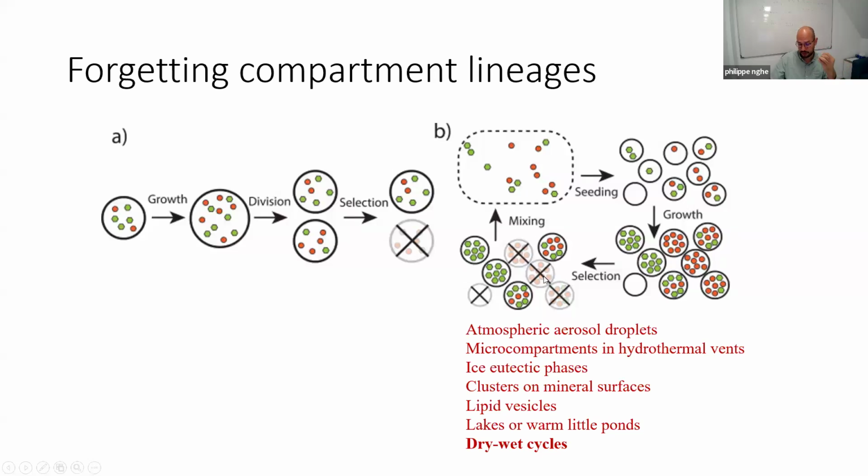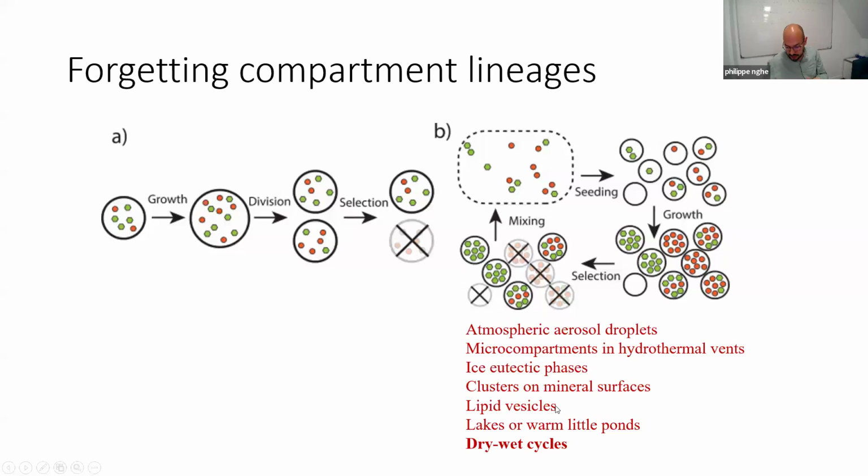So what's really important is that you have this compartmentalized selection step. This is something already well known in ecological models. And because it's much more rudimentary, you can imagine more natural phenomena, which are not protocells, but could lead to a form of transient compartmentalization.